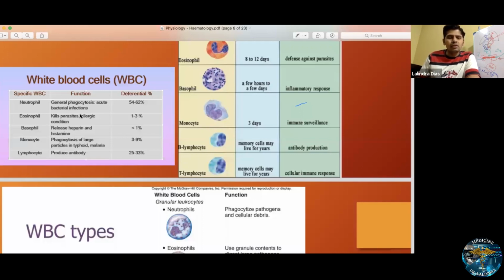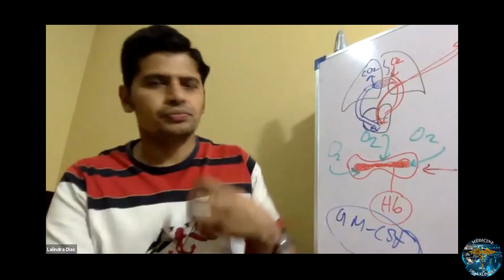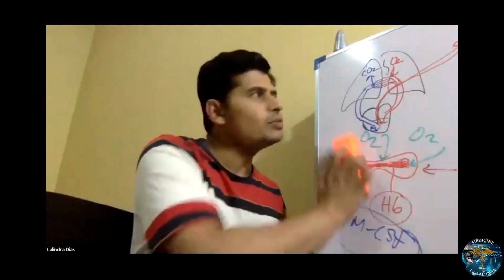So the functions of white cells: neutrophils generally cause phagocytosis. What do you mean by phagocytosis? I'll just draw it for you.